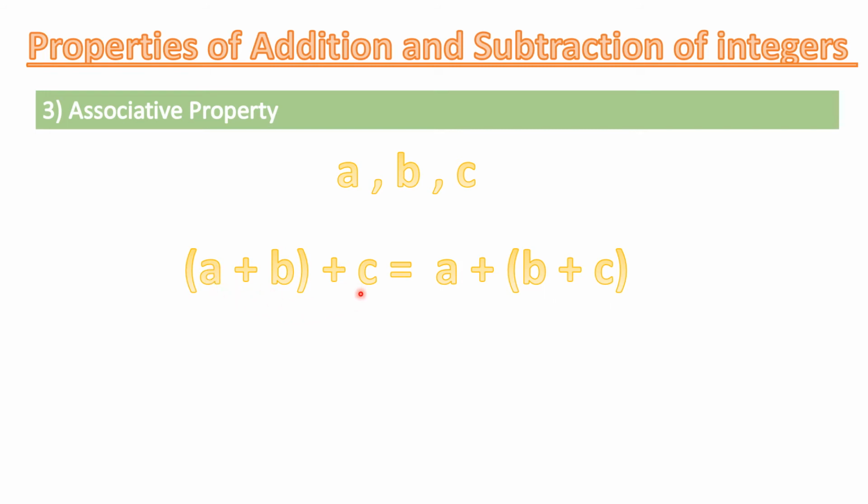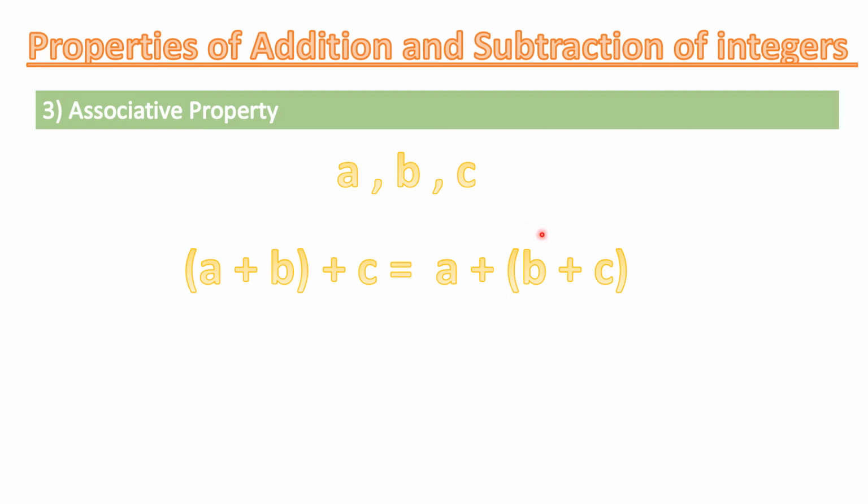First, when we see three integers, we take the first two and add them, we get an answer, and we add the answer with the third integer, right? Or we take the last two and add them, and whatever answer we get, we add it with the first one, and the answer will be the same, right? Now look here, bracket. Whenever you see a bracket, make sure that you solve the bracket first, and then you go for whatever is outside the bracket.